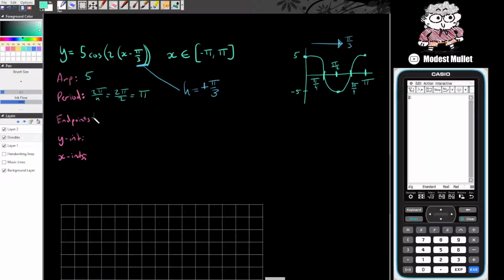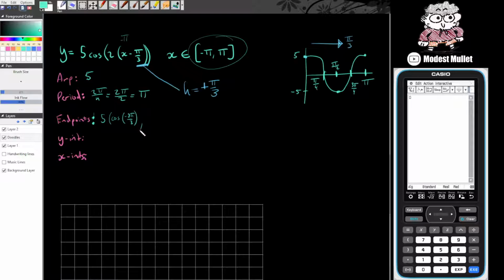Endpoints, we need to do a little bit of substitution. We need to substitute these two values into our function. So we're going to get 5 by, put negative pi in, oh geez, negative pi minus pi on 3 is, cos of negative 4 pi on 3 times 2 is negative 8 pi on 3.